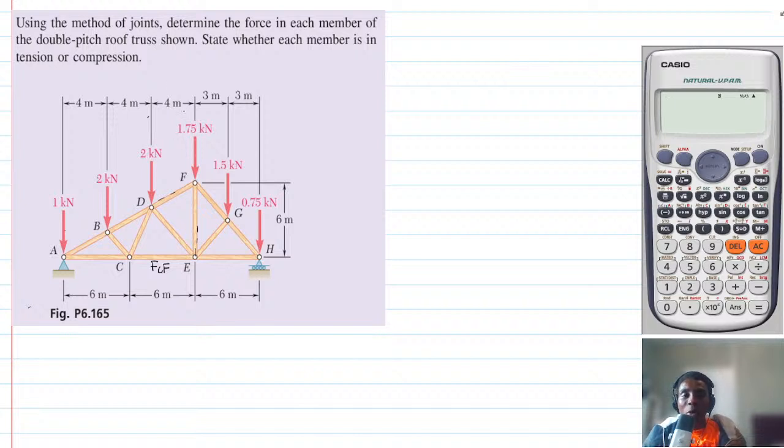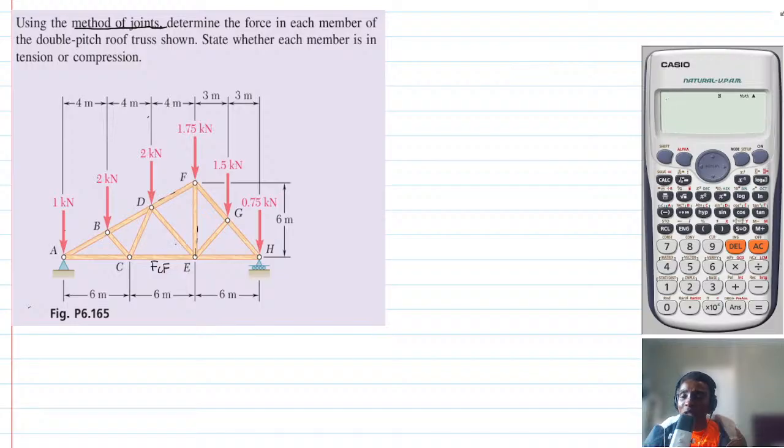So what do we mean when we say the method of joint? The method of joint is assuming that if the entire truss is in equilibrium, then every joint is also in equilibrium.